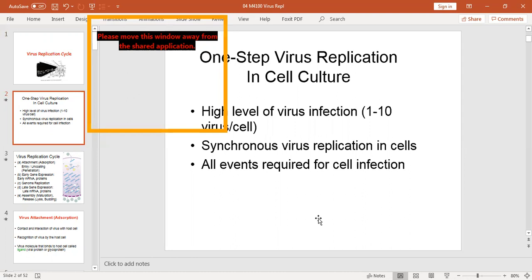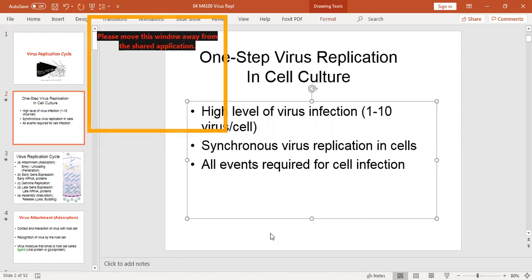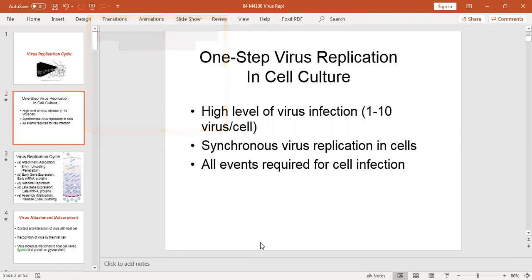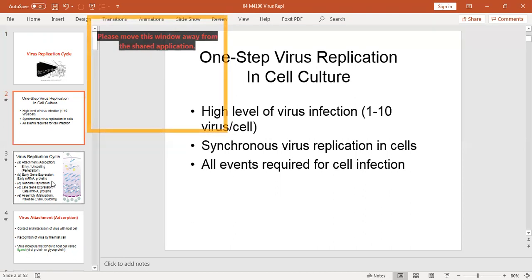The replication that these viruses undergo is synchronous replication, and all of these events that we see in cell culture are required for in vivo infection of the host cell by viruses.